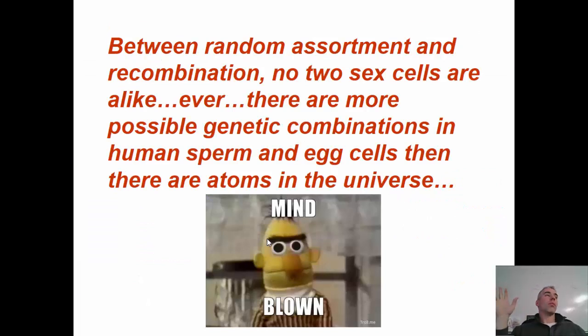This always blows my mind to think about this, but between independent assortment and the process of recombination or crossing over, no two sex cells have ever been created statistically. Now, there could have been, but statistically speaking, no two sex cells could have been created that were alike, ever. And there are more possible genetic combinations in human sperm and egg than there are atoms in the entire universe.